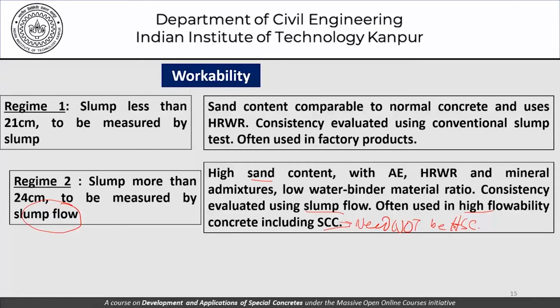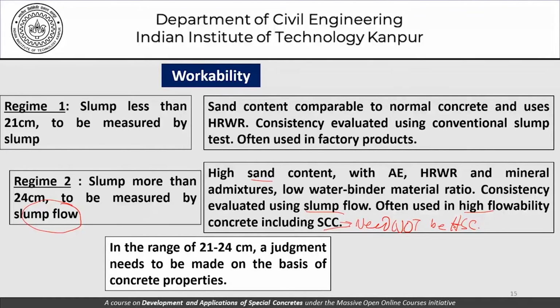Self-compacting concrete could be very normal strength concrete. But when it comes to high strength concrete, yes, in this regime, high strength concrete could also be self-compacting in nature. So compactability and strength are not necessarily the same. They are essentially different properties, and that's something which you must keep in mind.